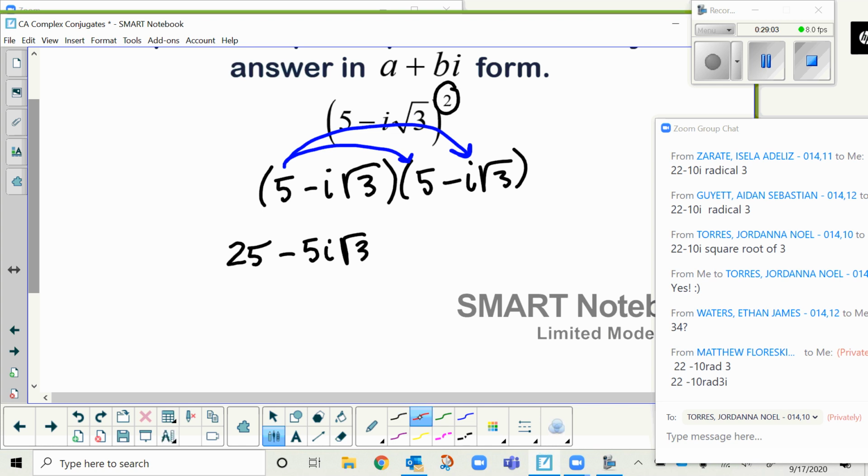And then the inside terms, these two, is again negative 5i rad 3. And then these two outside terms, you multiply what's on the outside of the radical, which is negative i times negative i, so it's plus i squared. And then you multiply what's inside the radical, the 3 times the 3, which is 9.